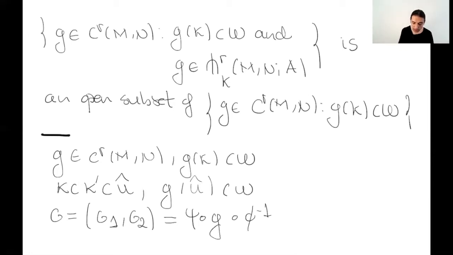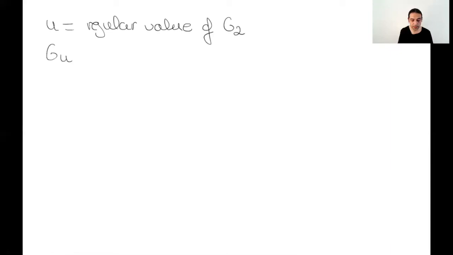But something that we can do is considering u a regular value of G2. It's going to be, of course, a point in R^(n-k), and we want a regular value as close to the zero vector as possible. And then we define G_u as G1, and here G2 minus u.